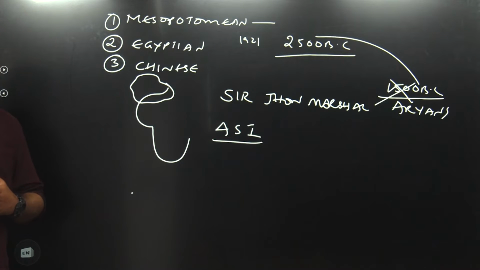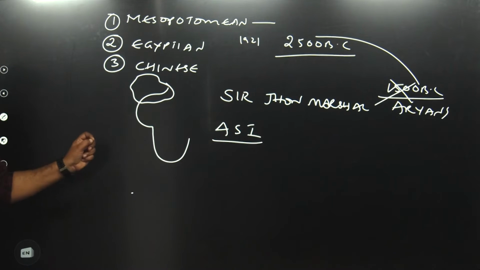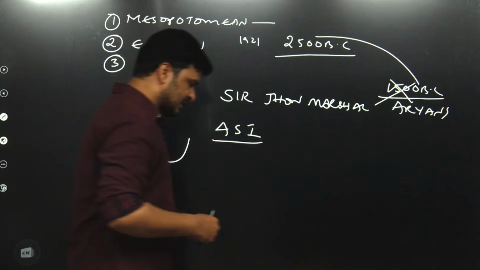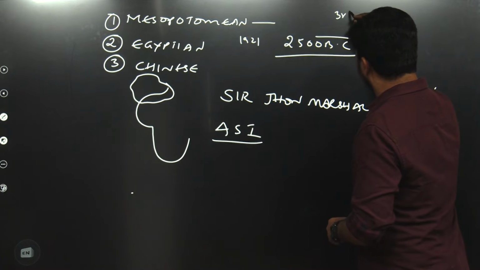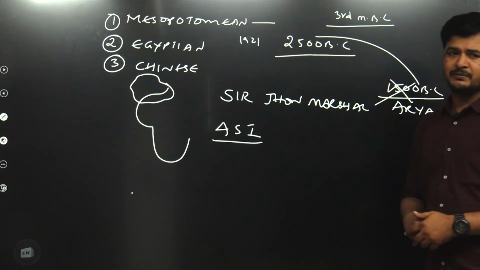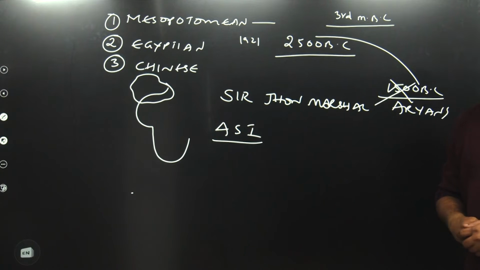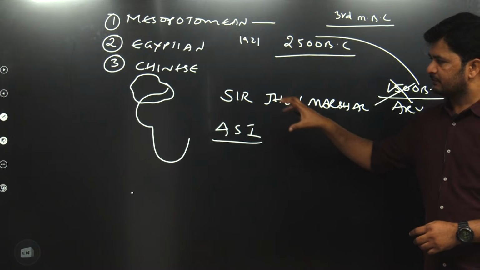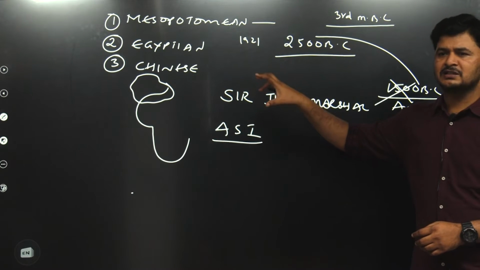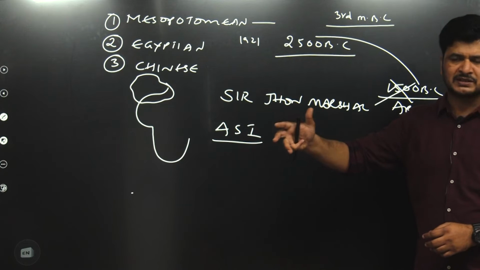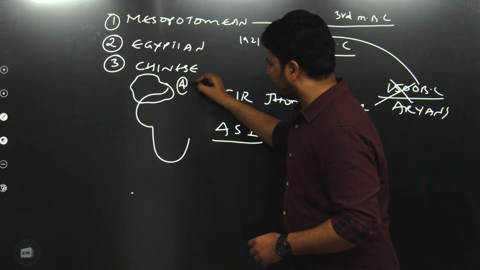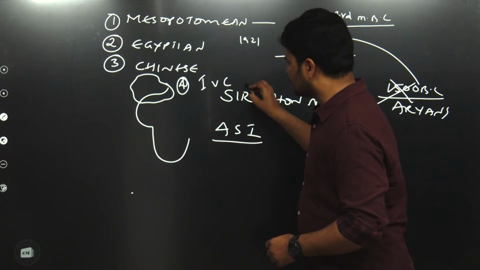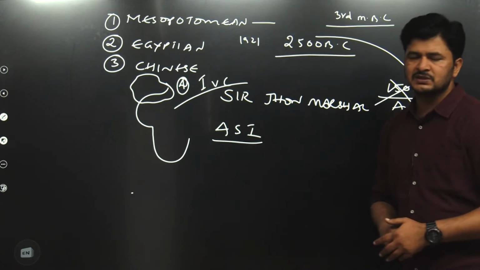So the entire world believed that only these had the most ancient civilizations, which flourished in the 3rd millennium BC. With the discoveries of sites in northwestern India, slowly the Indus Valley also joined the most ancient civilizations.